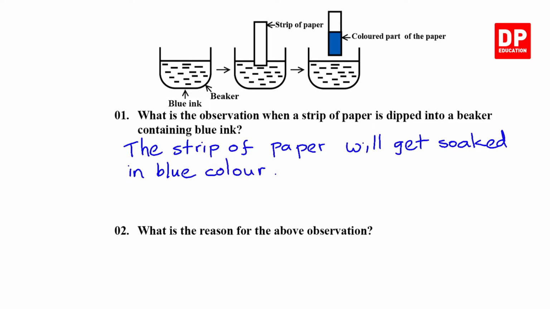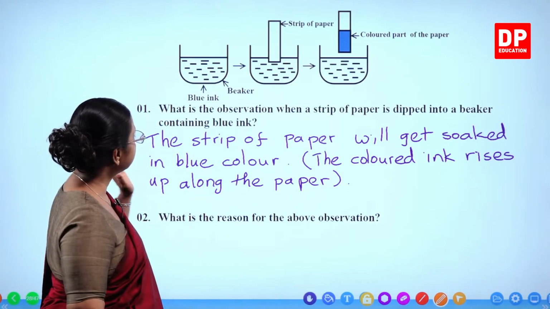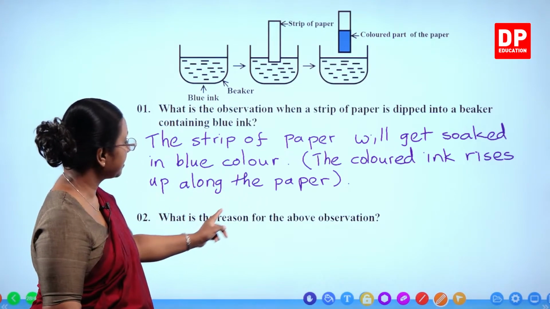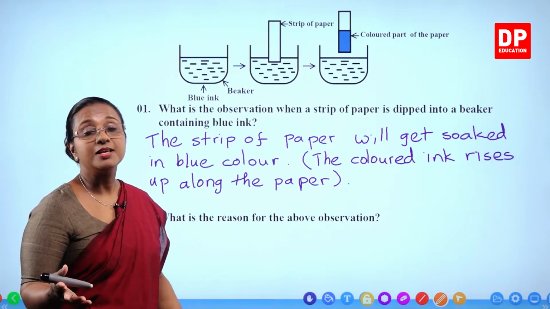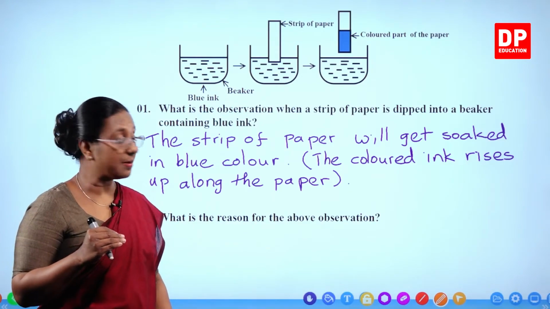Or you can say the colored ink rises up along the paper. That is also okay. Both are the same. That is what you see: little by little it will get soaked and it will become colored.